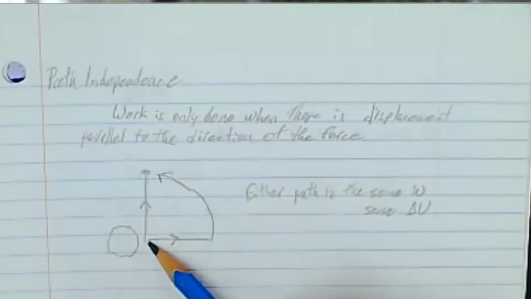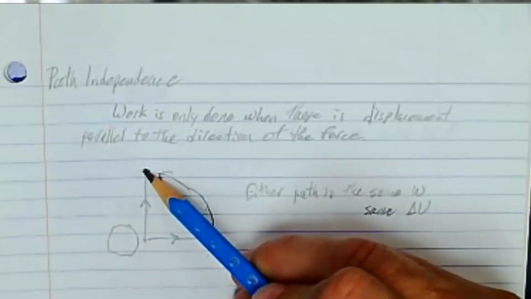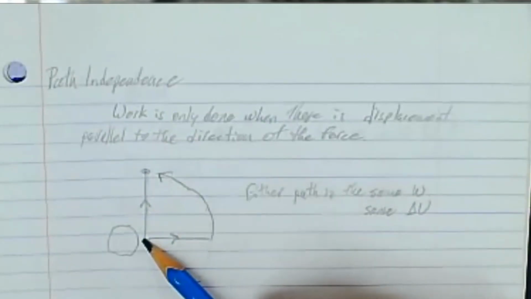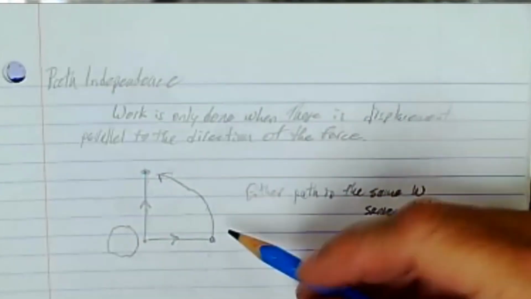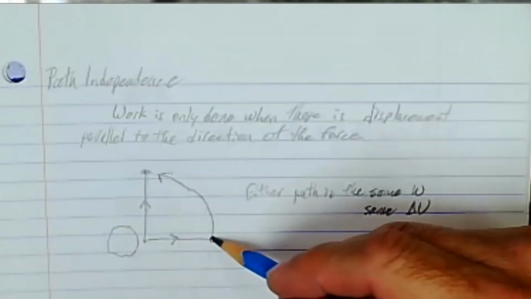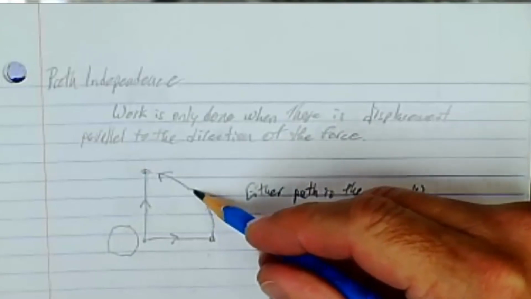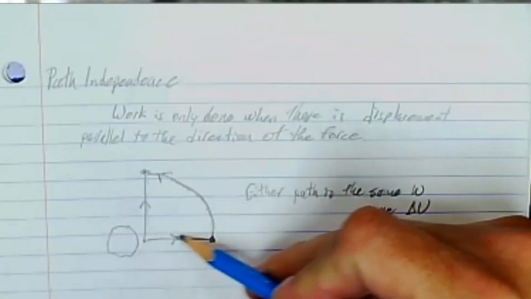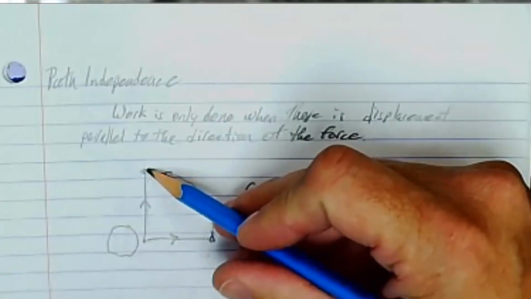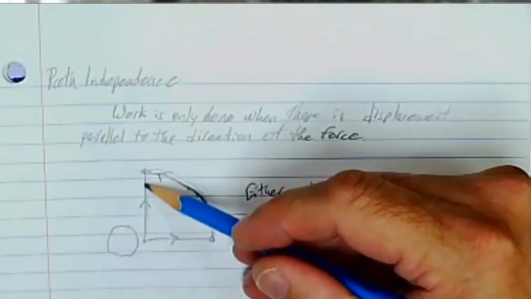or if I go this way, because the distance from here to here is the same as the distance from here to here. And once I'm at this spot, I can get to this spot by going perpendicular to the gravitational field lines. So this path is the same amount of work as this path.